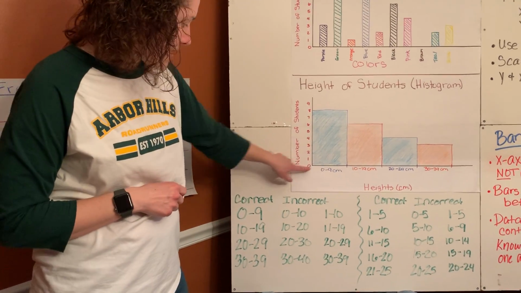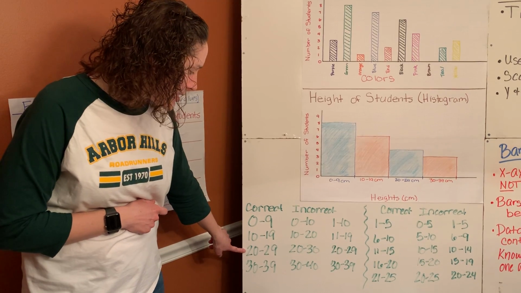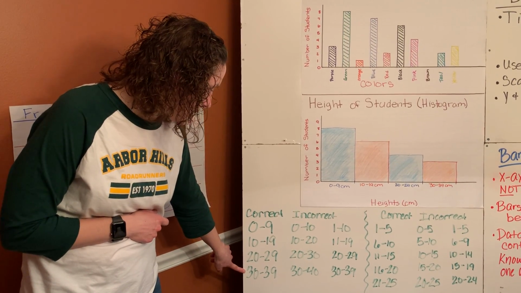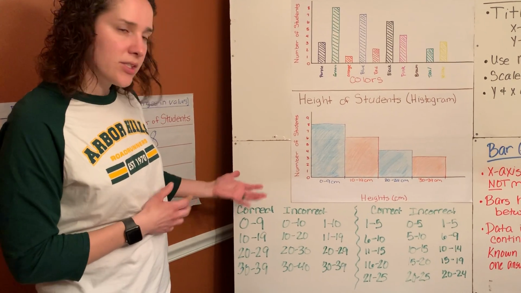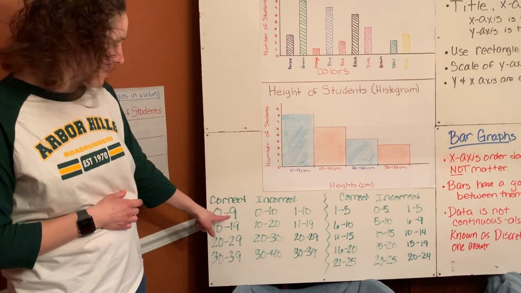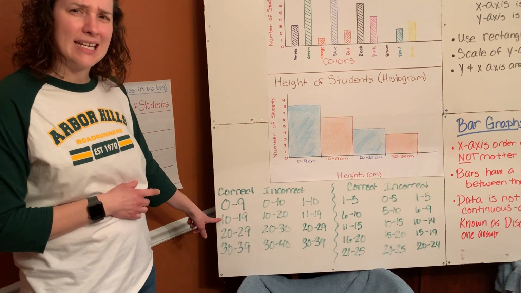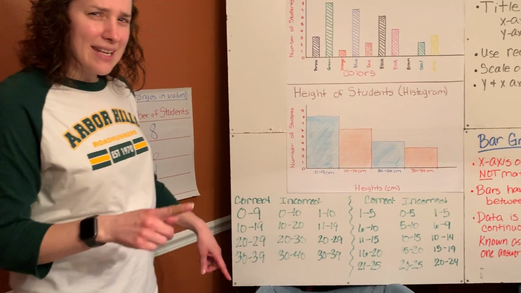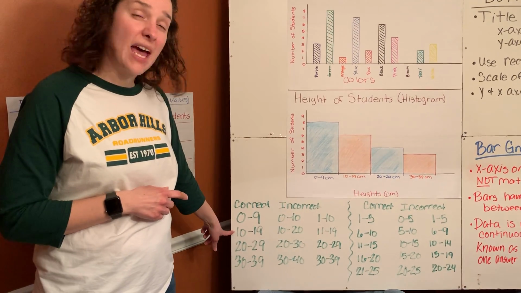This is the data I have up here, 0 to 9, 10 to 19, 20 to 29, and 30 to 39. And if you notice, on first instinct, students say that those are 9 apart. 9 minus 0 is 9. 19 minus 10 is 9. But take a second and think about that. You're really graphing a gap of 10.